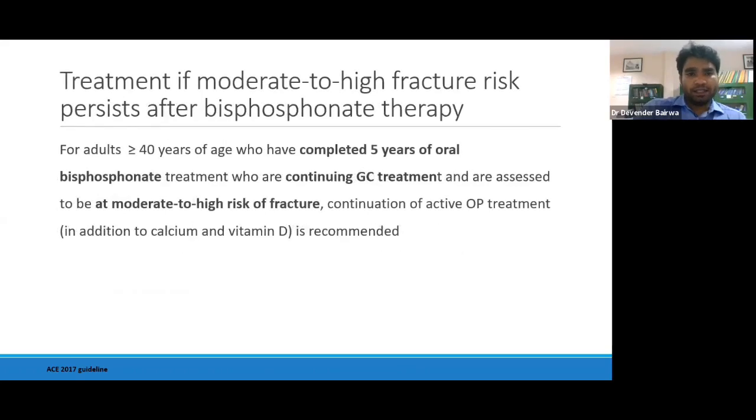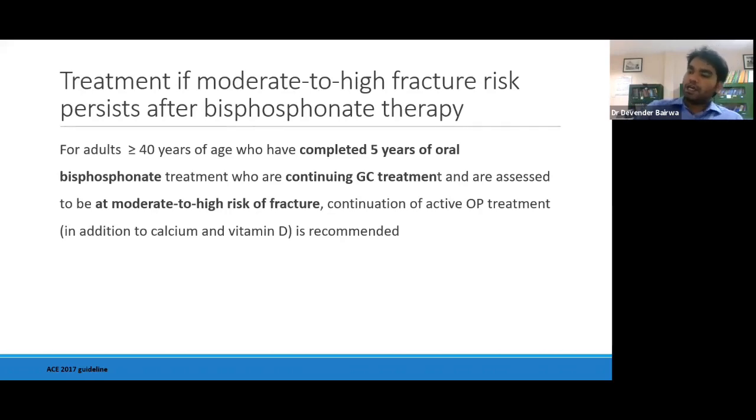One other thing: for adult patients who have completed 5 years of oral bisphosphonate treatment, who are continuing steroid therapy and are assessed to be at moderate to high risk of fracture, continuation of active treatment for osteoporosis is recommended. What do they want to say? As we discussed in the beginning, you have to assess every 1 to 3 years.